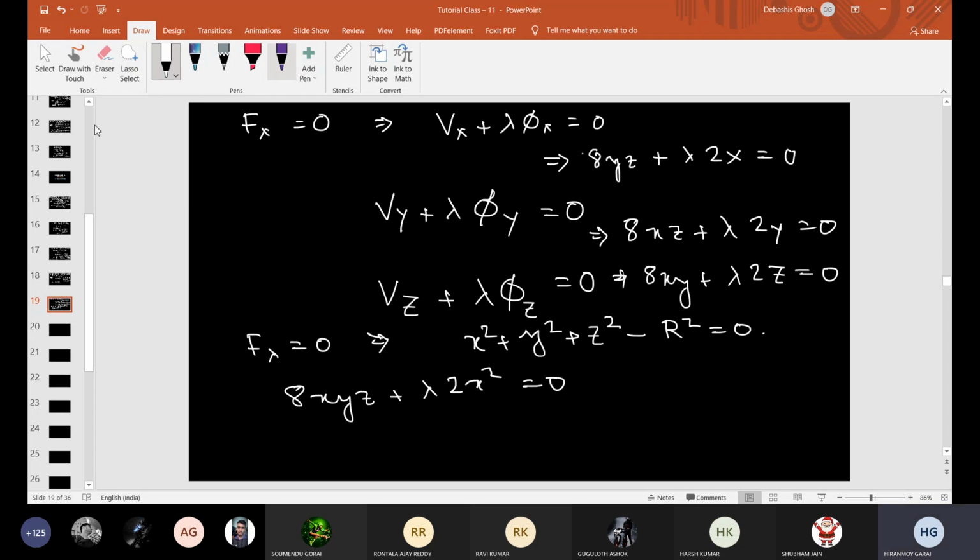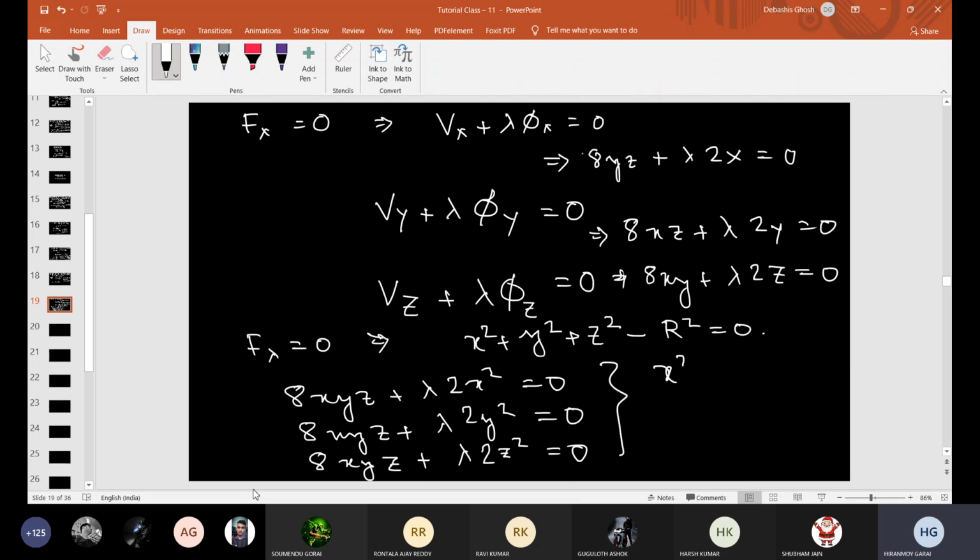Again 8xyz plus lambda into 2y square equals 0. And 8xyz plus lambda into 2z square equals 0. All of these are the same if we divide by 2 lambda also. So these three give x square equals y square equals z square. All three are squares, so that implies x equals y equals z. So it represents a cube.